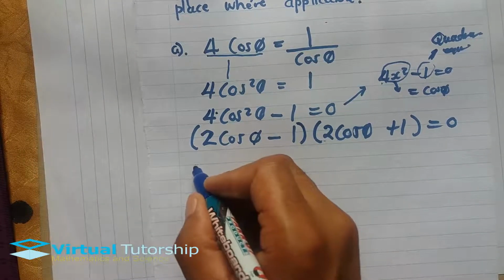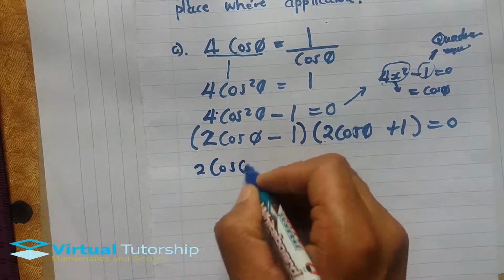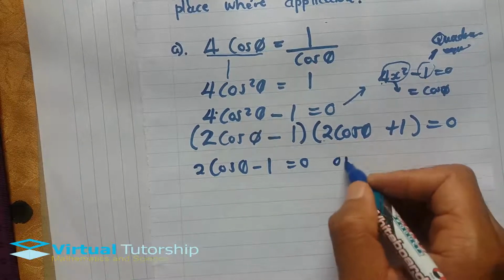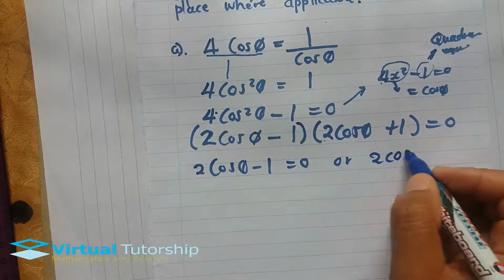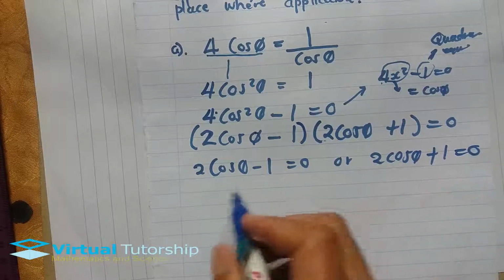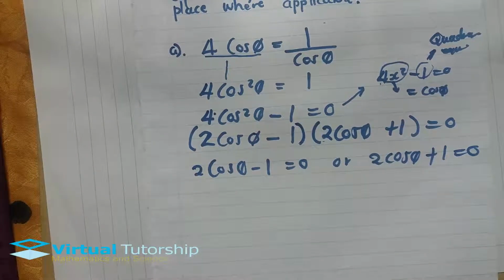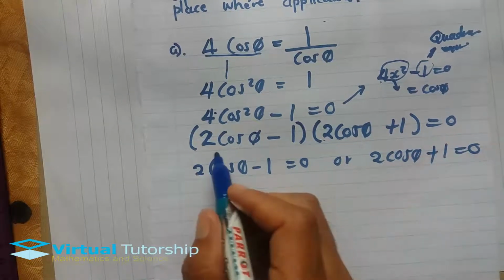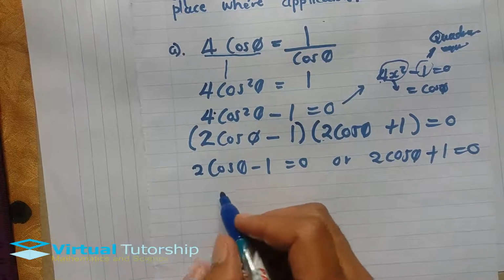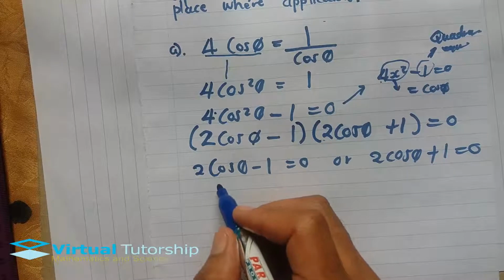Let's set the first bracket, 2 cos theta minus 1, equal to 0, or the other one equal to 0. When you solve quadratic equations you end up with 2 brackets, so you set one equal to 0 and the other equal to 0.